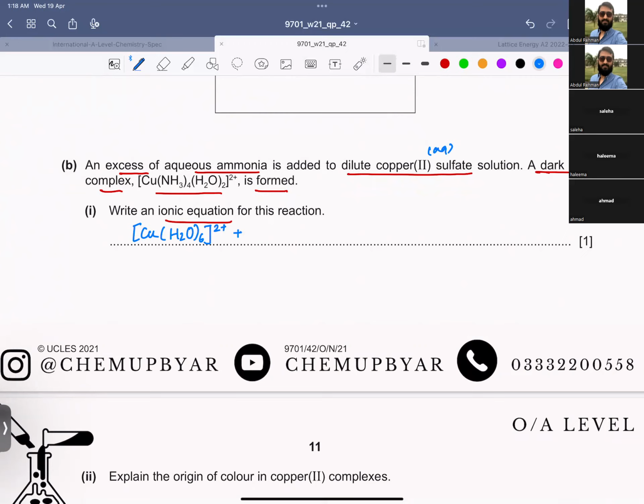And as we see that there are 4 ammonia molecules bonded, here I would show 4 ammonia molecules.